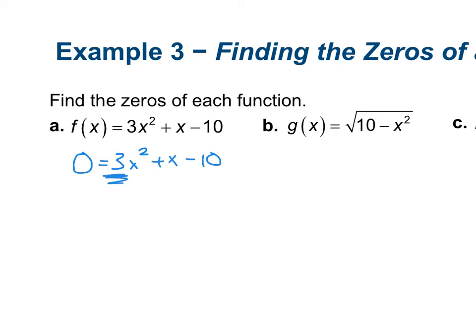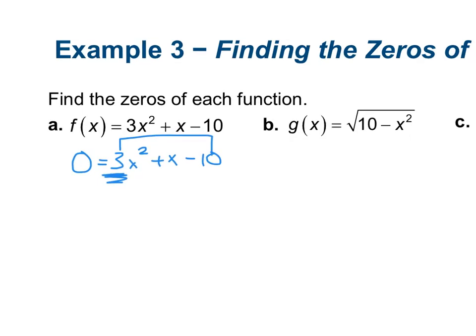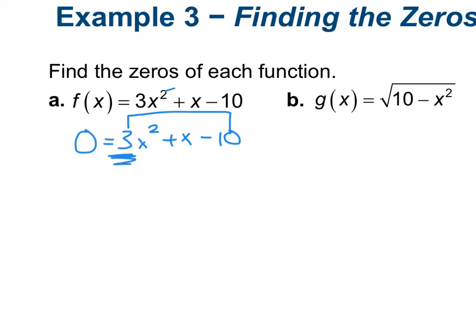What we do when we have a number in front of x squared is multiply the first and the last number together. So this would be -30. And then we need two factors of -30 that add to give us a +1. So what would two factors of -30 be that give us a +1?